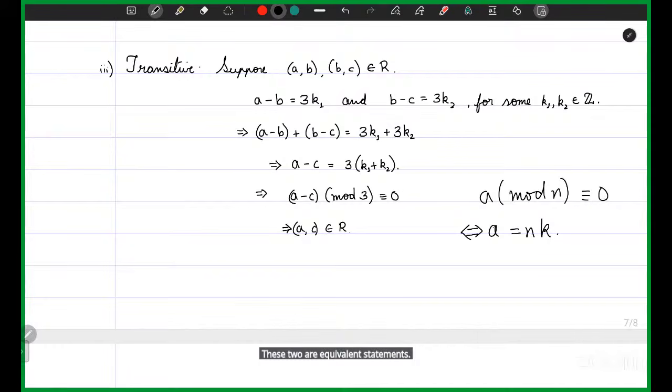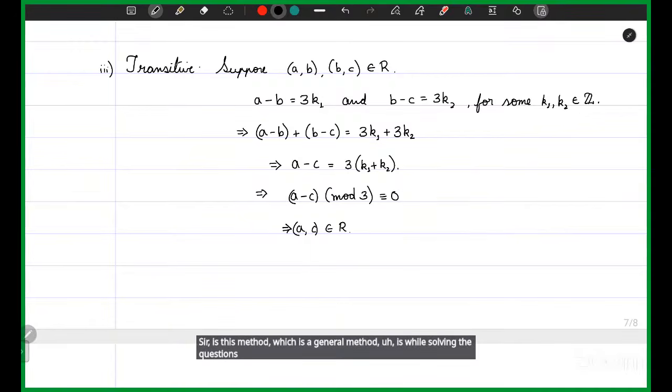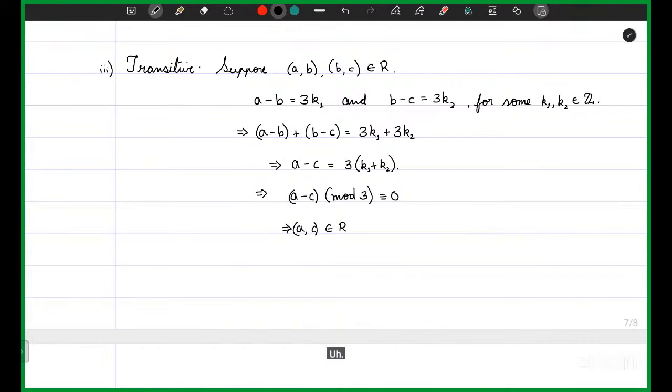So is this method, which is a general method, usable while solving questions like this in examinations, to solve the question fast, or can we take arbitrary examples like numbers 2, 5, this kind of thing?